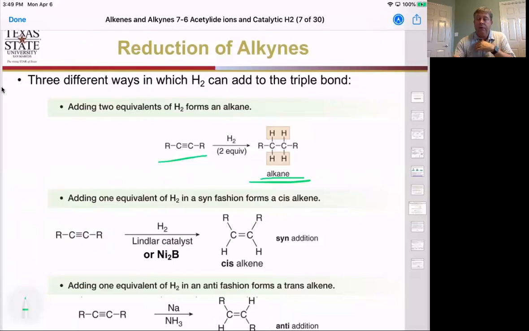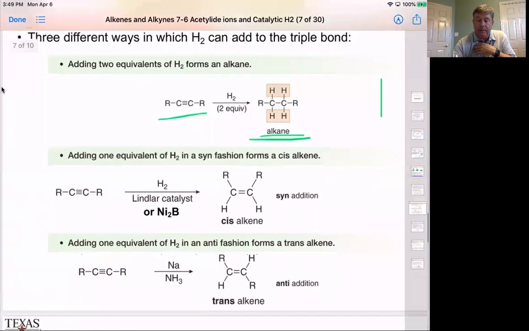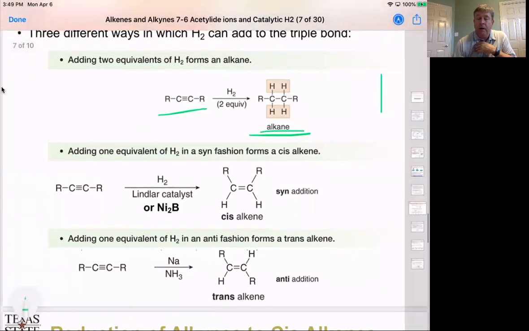So let's say you wanted to stop at the alkene from the alkyne. Well, here we have to use what we call a Lindlar's catalyst, or a poisoned catalyst. We need to make the catalyst not work so quickly, and to do this we use Lindlar's catalyst or this nickel borate right here. In a Lindlar's catalyst, we actually take our platinum catalyst and add lead to it, and lead is Pb, right here.